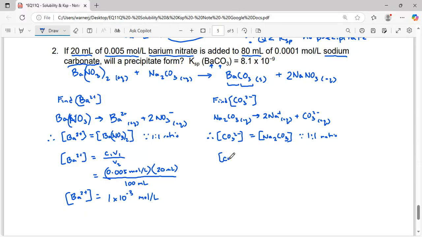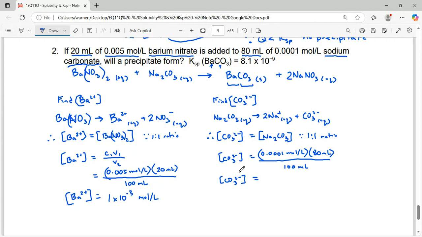Now, to actually calculate the carbonate ion concentration, we want to do a dilution because we mixed 80 mL of this solution with the 20 mL of the other. So I'm going to take my original 0.001 mole per liter concentration, multiply by 80 mL because I used 80 mL of it, and divide by the new volume, which was 100 mL.